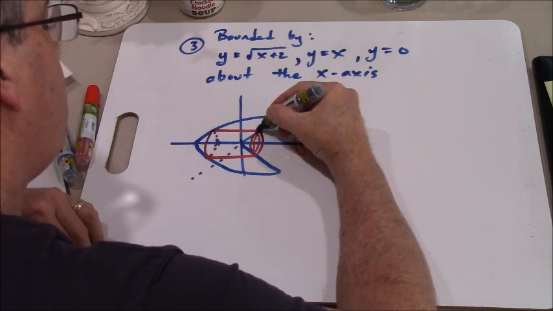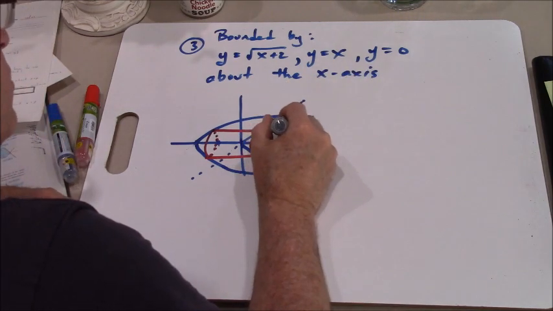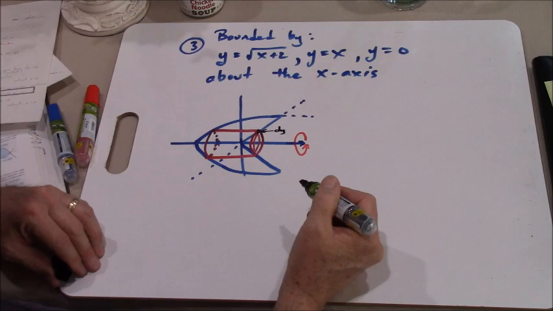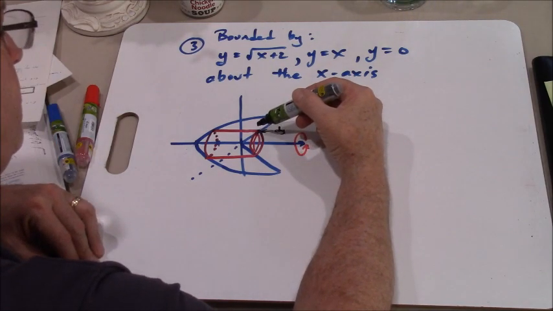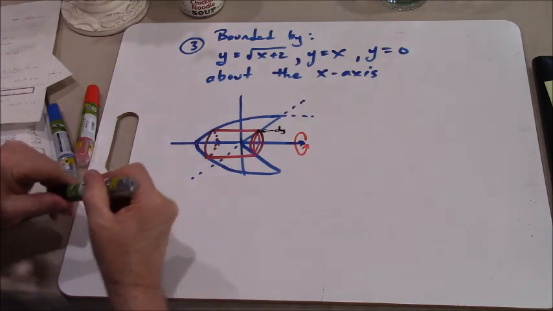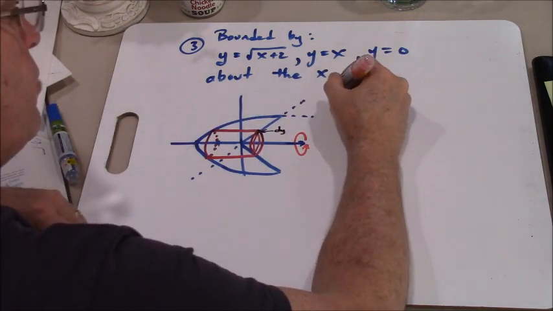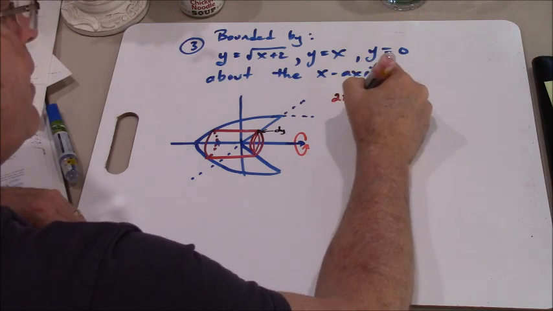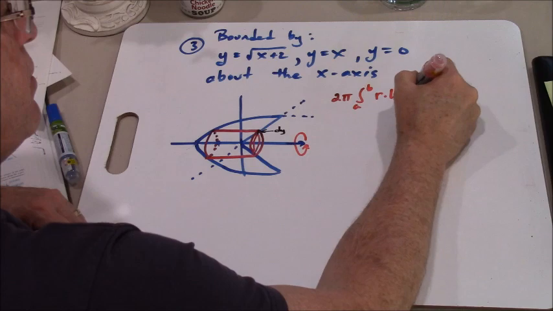This is it right here. So that means I want this equation to be in terms of y, since that thickness is running up and down. All right, so you guys see if you can go ahead and fill in this equation. 2 pi times the integral from a to b, radius times height, dy.